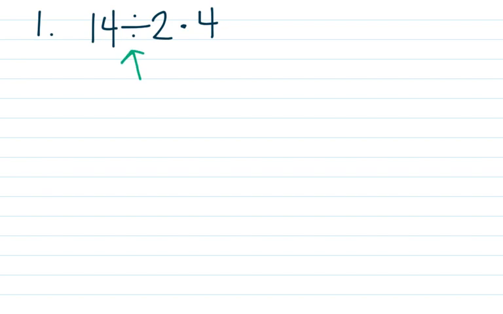So most likely what would happen is you would end up with 14 halves, and then that would be multiplied by 4. Or, of course, because we get fancy, you could do 14 halves times 4 with parentheses. Either way, the idea is that you have only division and multiplication. And so we are going to work from left to right.